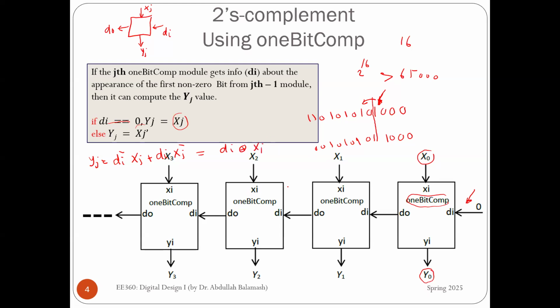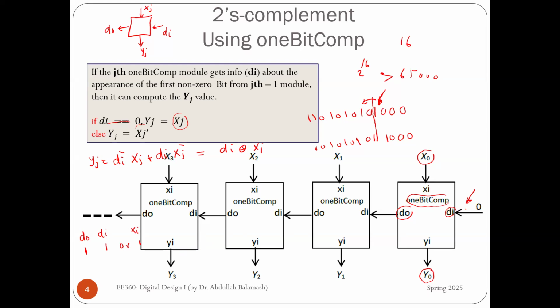And we will build a truth table for that, but let us see DO first. DO will depend on the DI. If DI is 1, DO will be 1. Or if XI is 1, DO will be 1.